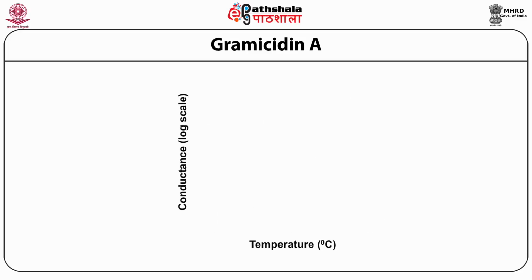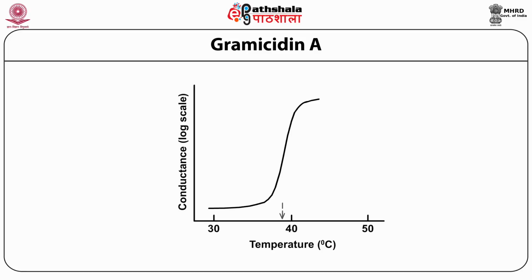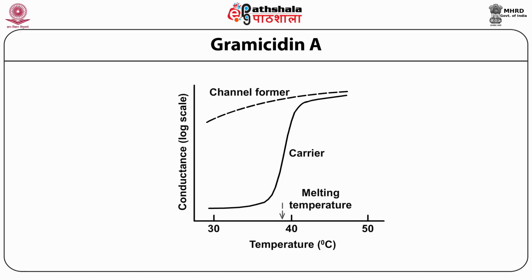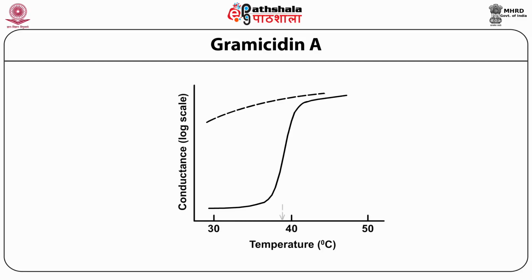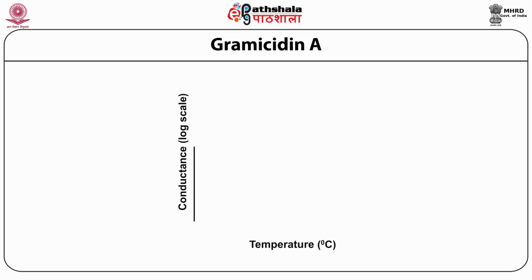More than 10^7 ions move across a channel per second. That is only 10 times less than free diffusion in water. On the other hand, the carriers transport less than 10^3 ions per second.